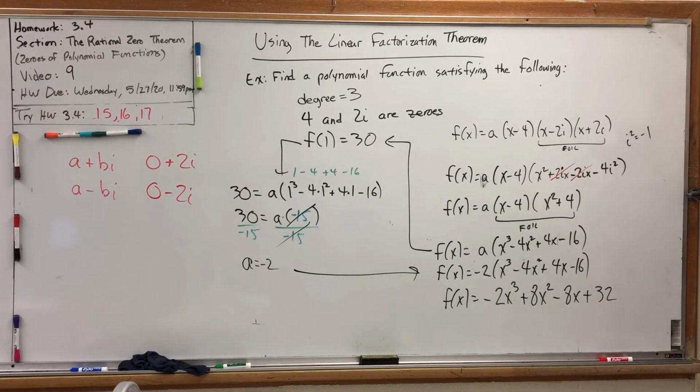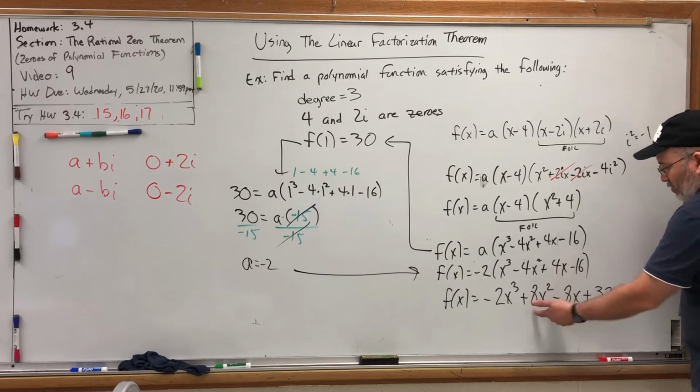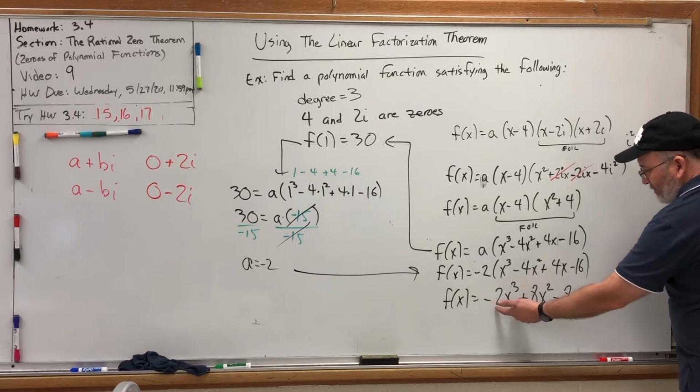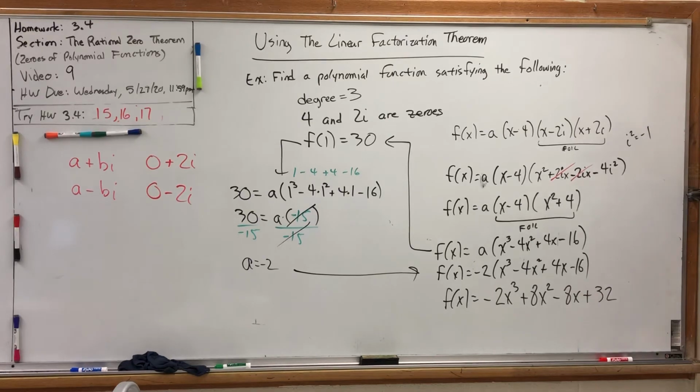It's a third-degree polynomial. When I put in 1, I get out 30. You may want to verify that, but it's pretty easy. You put a 1 here and here, the 8's cancel. Put a 1 here, you get negative 2. Negative 2 plus 32 is 30. And if we were to find its zeros, by listing possible rational zeros, using synthetic division and all that jazz, we should get 4 and 2i, and also negative 2i.